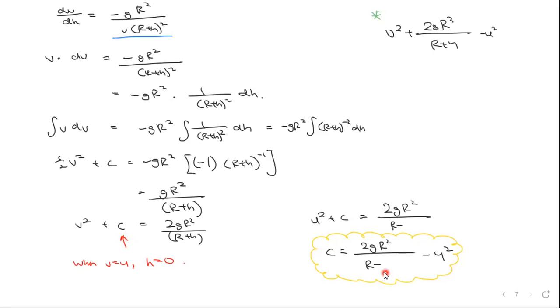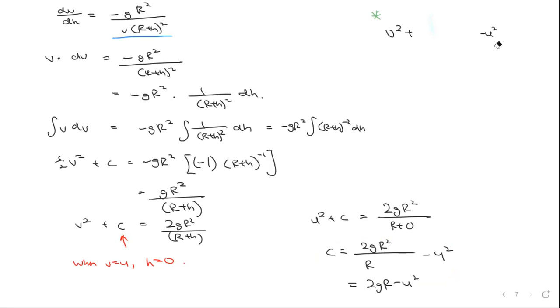So it's r plus 0, which is of course just r, right? Because remember, h is 0. So that's just r. So it's 2gr squared over r, which I can even simplify even further. Great. So that is just 2gr minus u squared.